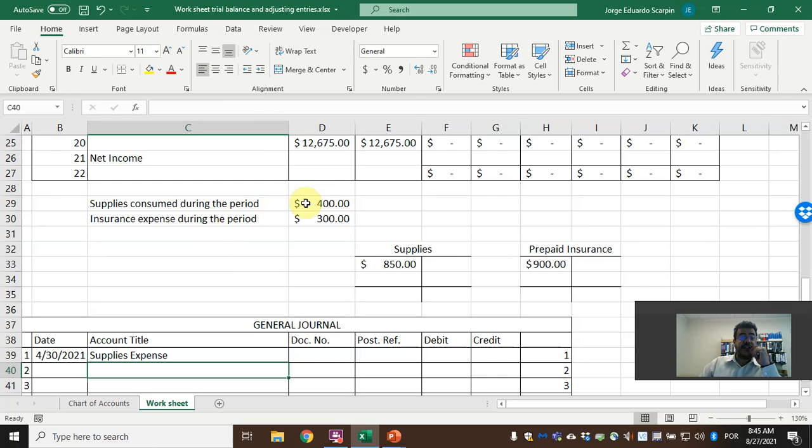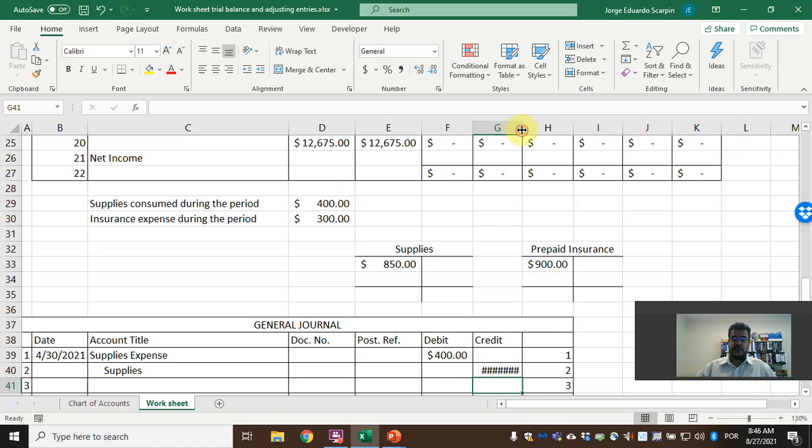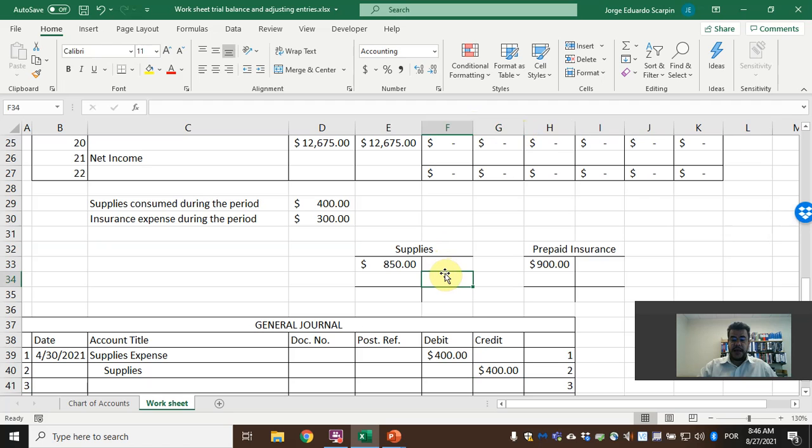And we need to decrease these supplies because they were consumed. So our credit is supplies. How much? $400.